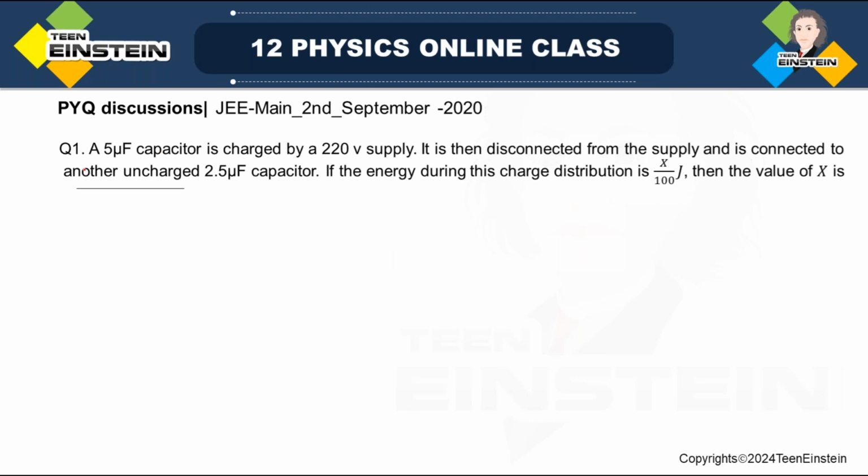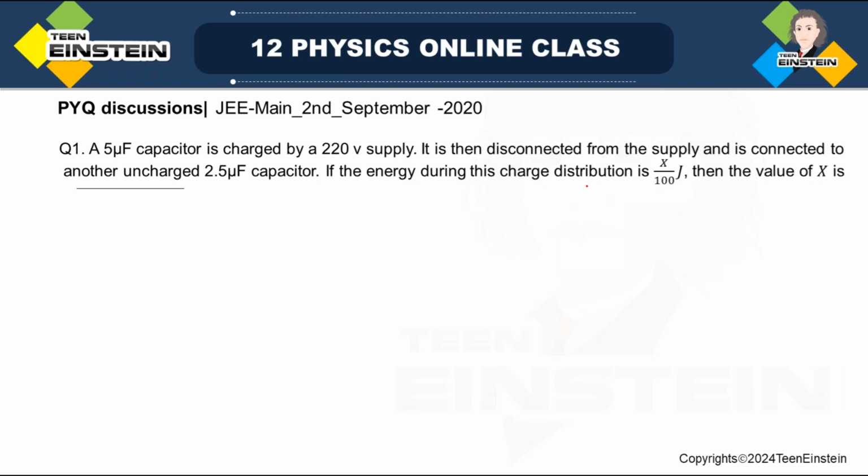so this question says a 5 microfarad capacitor is charged by a 220 volt supply. It is then disconnected from the supply and is connected to another uncharged 2.5 microfarad capacitor.